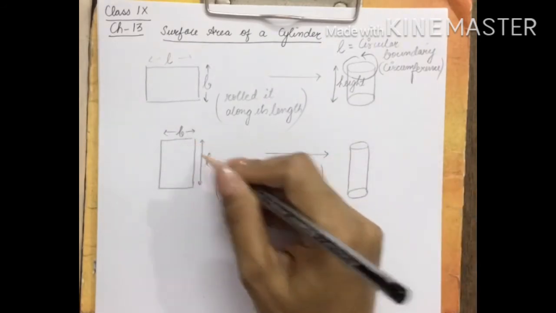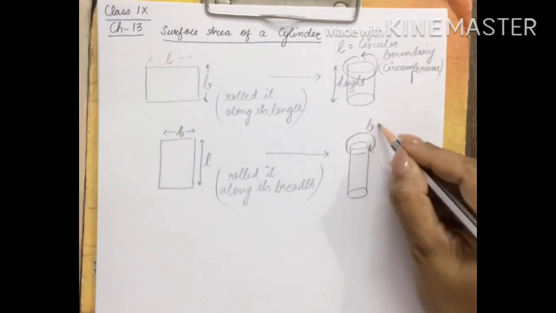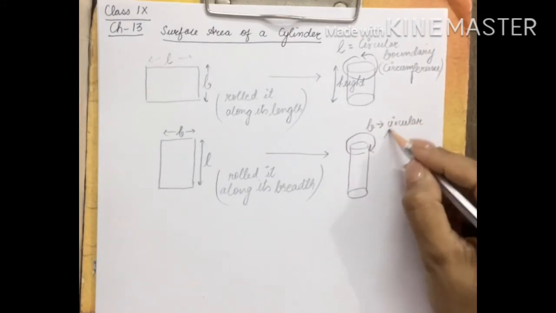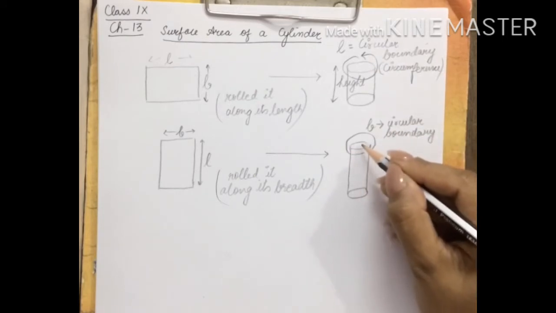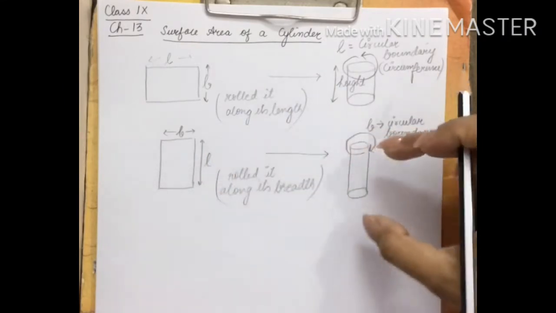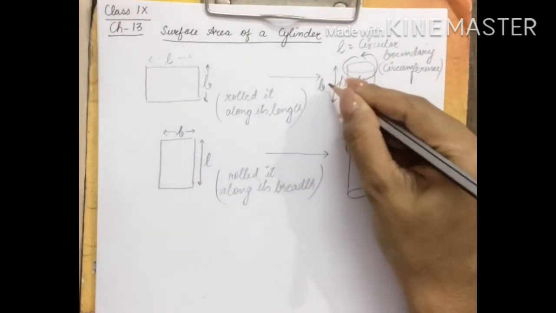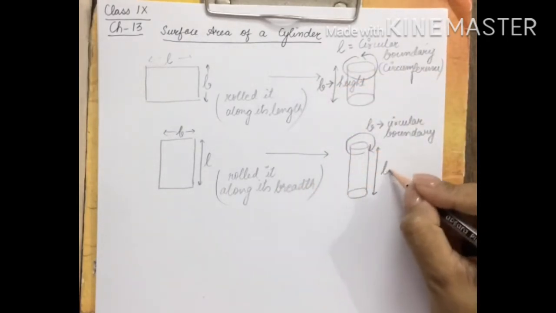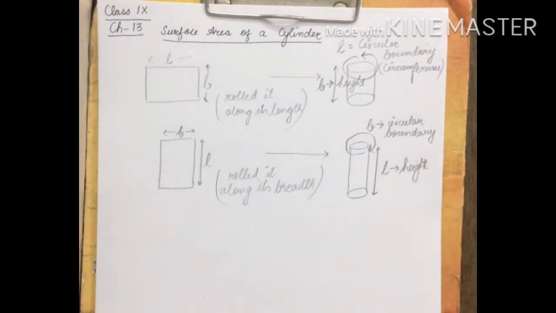Now the breadth has become this circular boundary, which is the circumference for this circle, and the length represents the height of the cylinder. In this case, the breadth represented the height, and in this case, the length becomes the height.